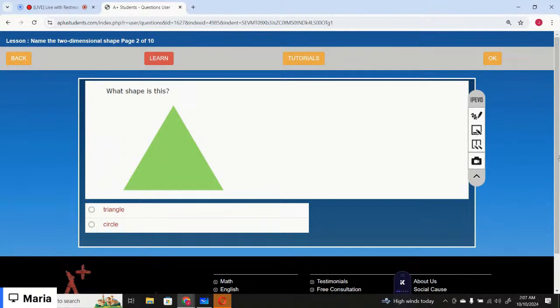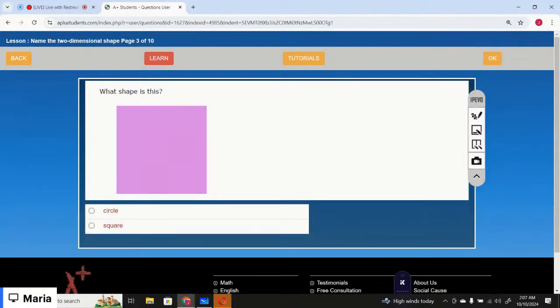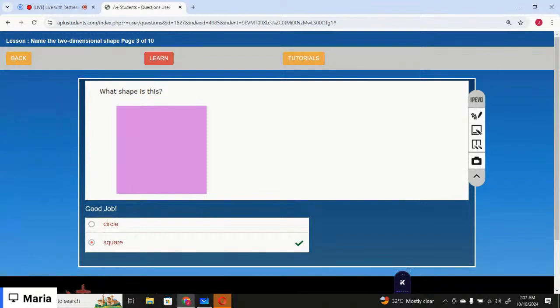Triangle it is, right? That's a triangle. Triangle has three vertices. What shape is this? Which is the correct option? Yes, square it is. Square has four sides equal and all four angles also. The angles are right angles. That means 90-degree angles.